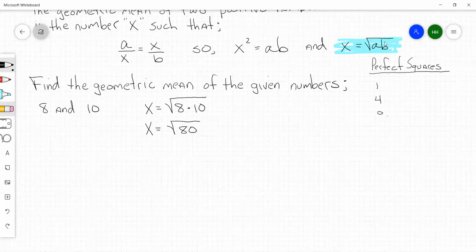And so is 9 and 16 and 25, 36. What's the next one? Can anyone tell me? Good. 49, and then? Good, and then?